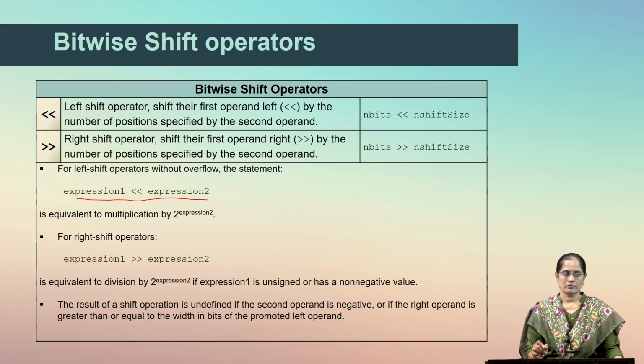The result of the shift operation is undefined if the second operand is negative or if the right operand is greater than or equal to the width in bits of the promoted left operand. So, these are the points to be taken care of with respect to bitwise shift operators.